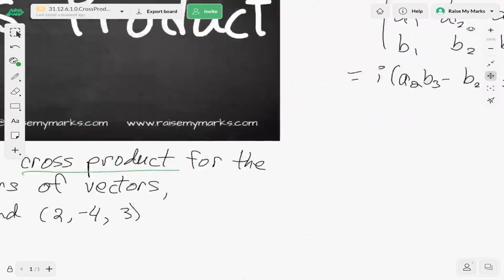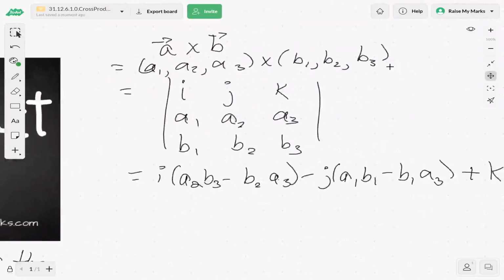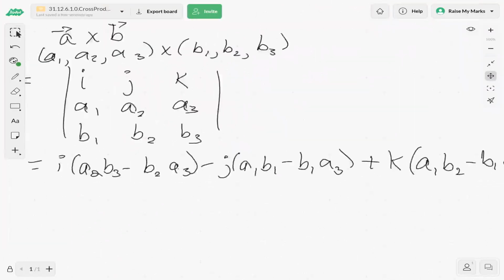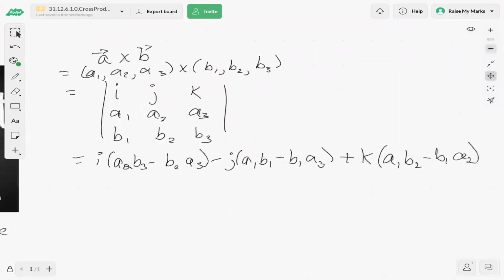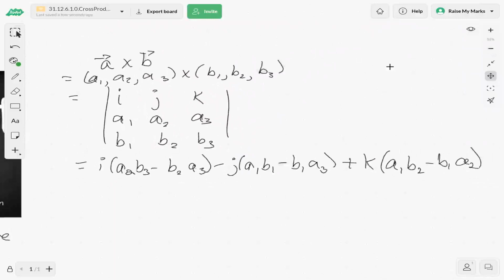Well, let's scroll over here. I've written out a method or formula for finding the cross product. We're given two vectors A and B in R3. We can only find the cross product of vectors in R3.